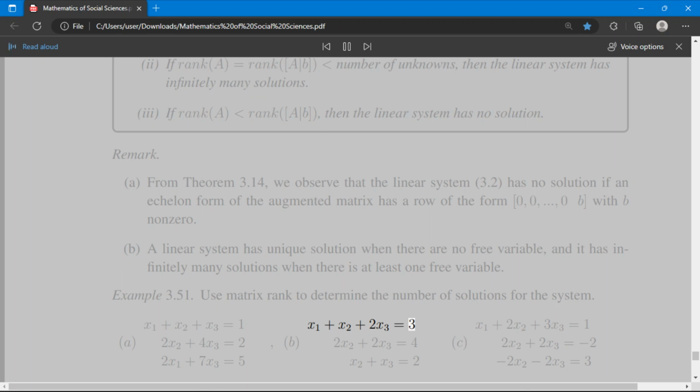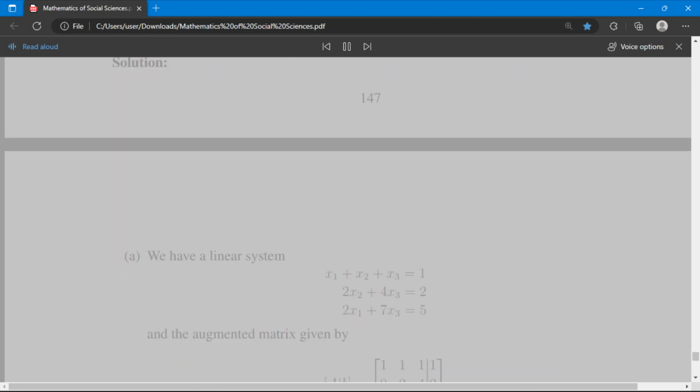B. x1 plus x2 plus 2x3 equals 3, 2x2 plus 2x3 equals 4, x2 plus x3 equals 2. C. x1 plus 2x2 plus 3x3 equals 1, 2x2 plus 2x3 equals 2, 2x2 plus 2x3 equals 3.